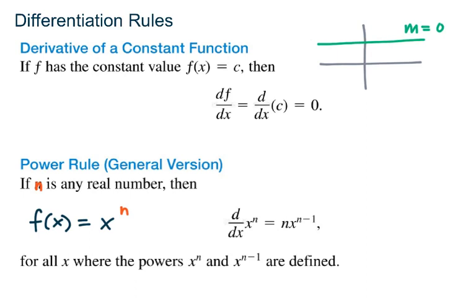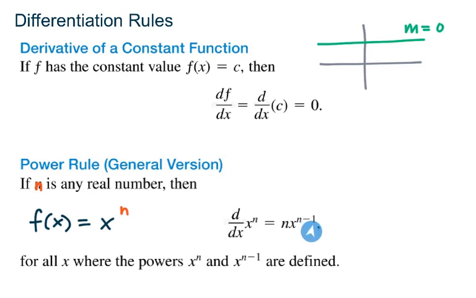So taking the derivative with respect to x of some variable x raised to a real number n power is always going to equal n, so that power comes in front, times x raised to the n minus 1.